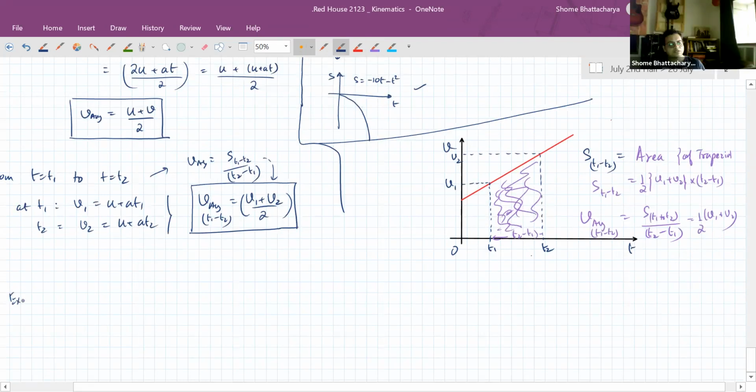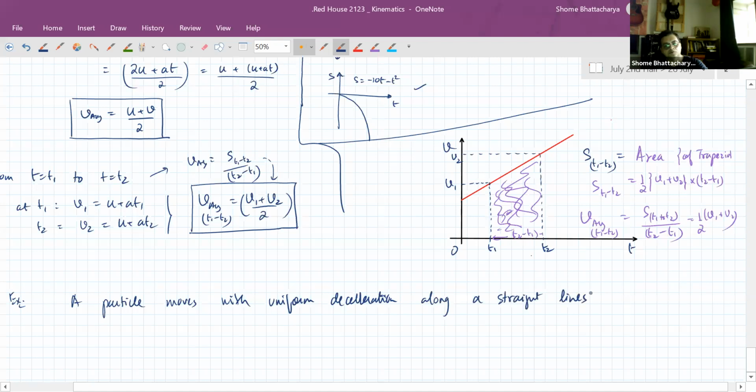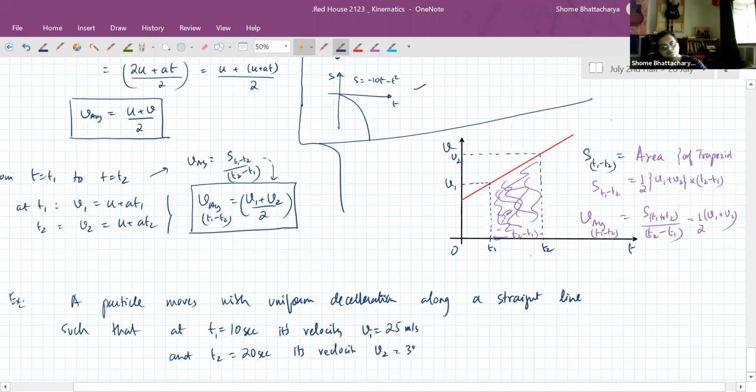Now, for example, if I have a problem like this, that a particle moves with uniform deceleration along a straight line, such that at t1 equal to 10 seconds, its velocity v1 is, let's say, 25 meters per second, and at t2 equal to 20 seconds, its velocity v2 is, say, 35 meters per second.